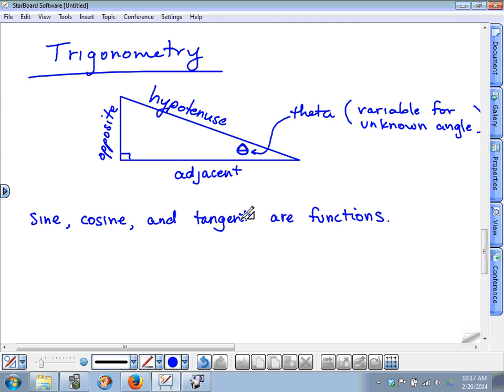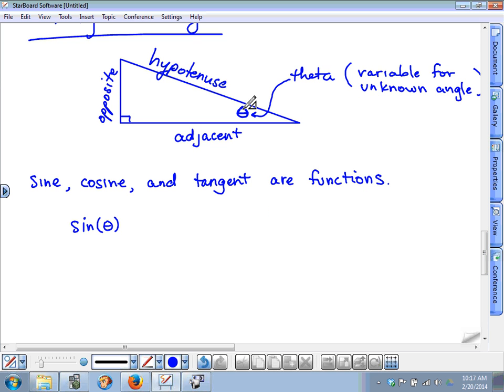Now, they abbreviate these, so you don't have to write out the whole word. They just do S-I-N. You read that sine. The input is the angle measure. We don't know what the angle measure is, so we just call it theta. And it's the same for cosine.